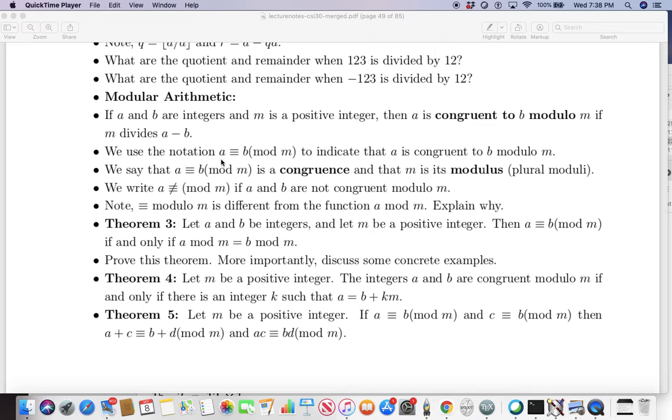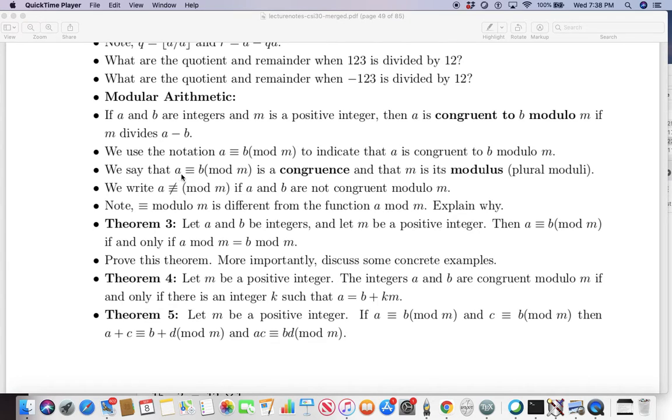We use the notation a ≡ b (mod m) to indicate that a is congruent to b modulo m. So this expression is read "a is congruent to b modulo m." If I draw a line across it like this, then that means a is not congruent.